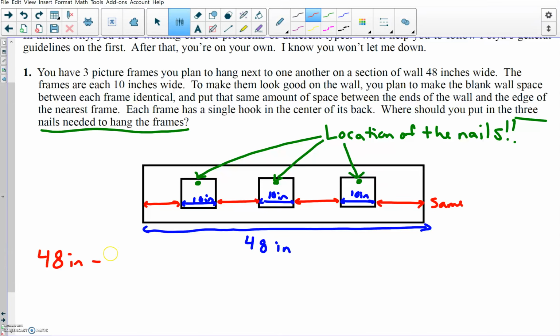I have 3 picture frames, each 10 inches, so altogether that's 30 inches used up on our wall. If we subtract the 30 inches from the 48 inches, we're left with 18 inches of space on my wall that I can put into those 4 red markings.